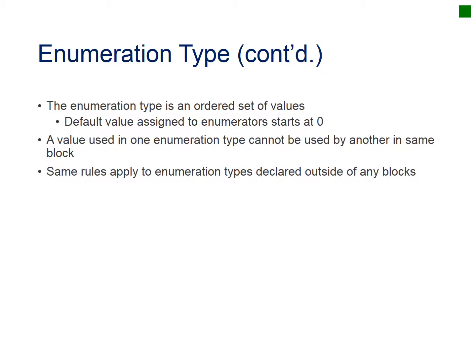The enumeration type is an ordered set of values. The default value assigned to enumerators starts at 0. A value used in one enumeration type cannot be used by another in the same block. Same rules apply to enumeration types declared outside of any blocks.